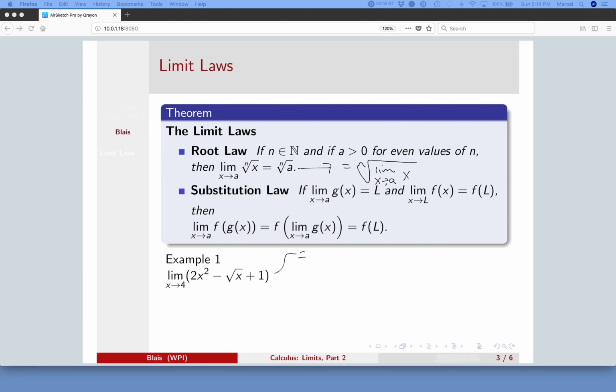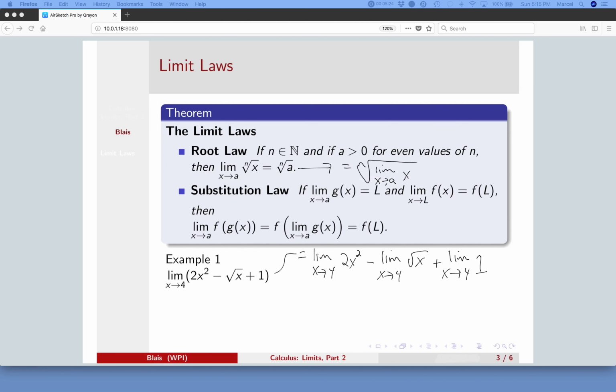We would break this limit into the limit as x goes to 4 of 2x squared minus the limit as x goes to 4 of root x plus the limit as x goes to 4 of 1.